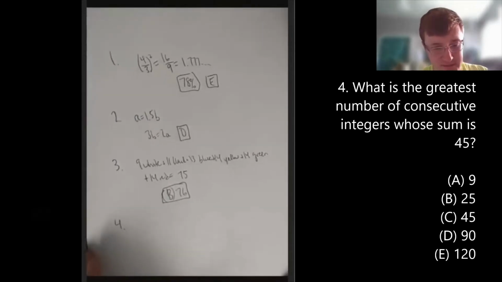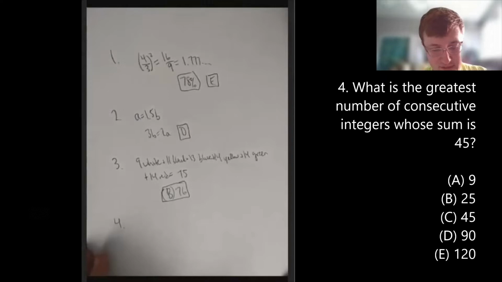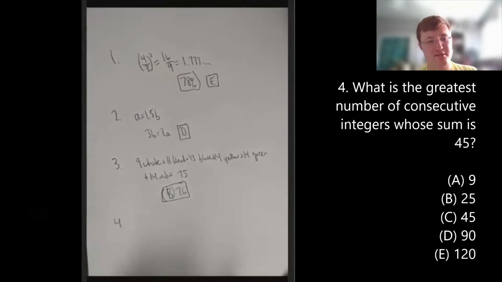4. What is the greatest number of consecutive integers whose sum is 45? Okay. Oh, I think I know. Okay, so if I take an interval that's symmetric around the origin, so like negative 10 to 10, and add all those up, I'll get 0.